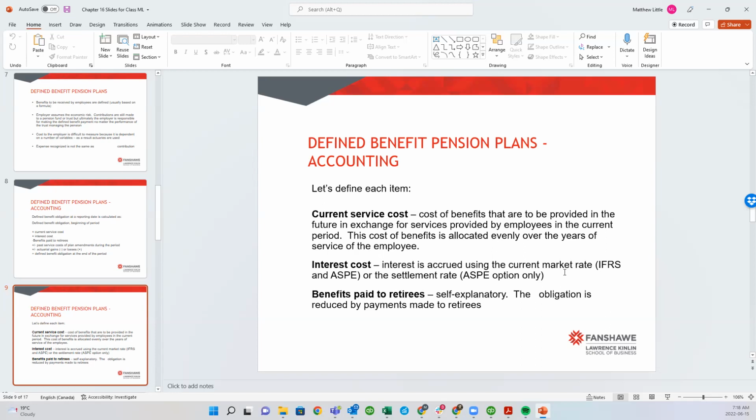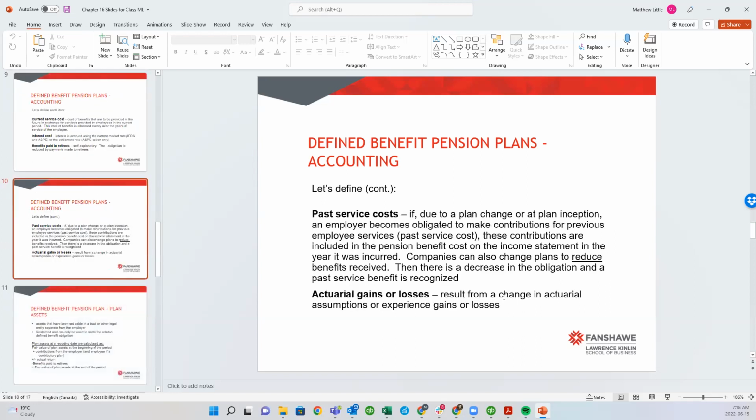Benefit paid to retirees, self-explanatory. So any payments that are sent out to retirees is a straight reduction. Past service costs we discussed. Okay, so sometimes there can be a decrease in obligation or an increase. And then the actuarial gains or losses. So when we reevaluate the plan and look at what the interest cost should have been versus what it was, there might be an adjustment accordingly.